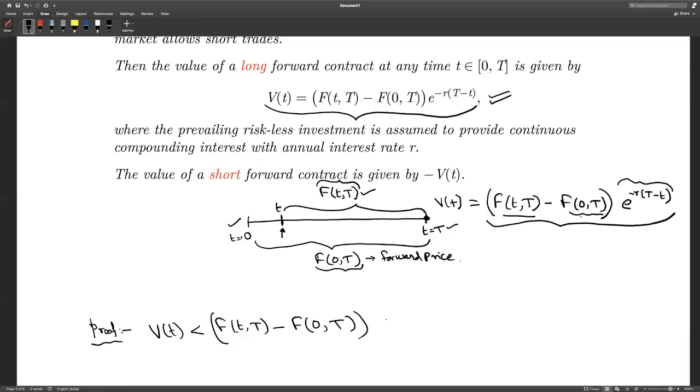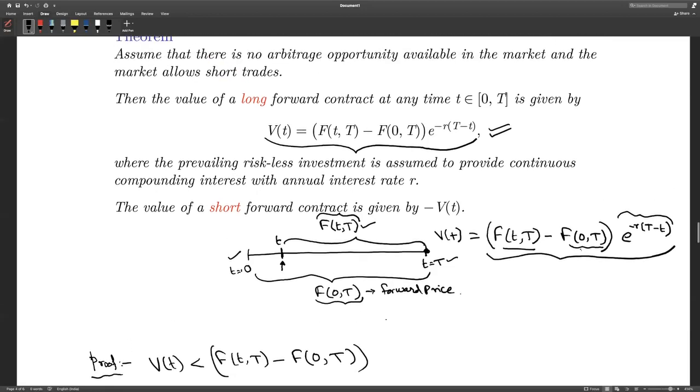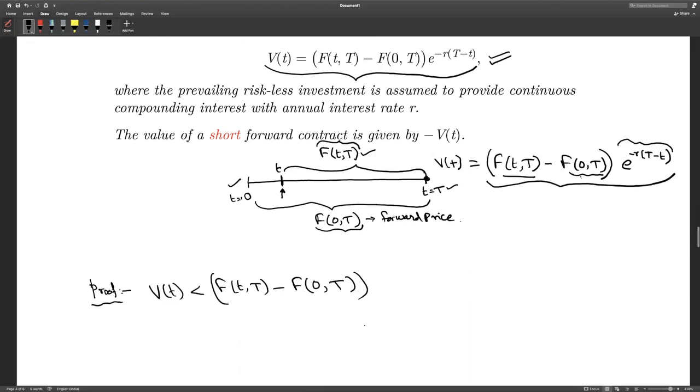That is the only idea involved in all these theorems. Okay, and we have assumed that the market does not have any arbitrage opportunity, and shorting is allowed with fractional volumes. That also should be there. Even if it is not mentioned explicitly, you can assume such things.